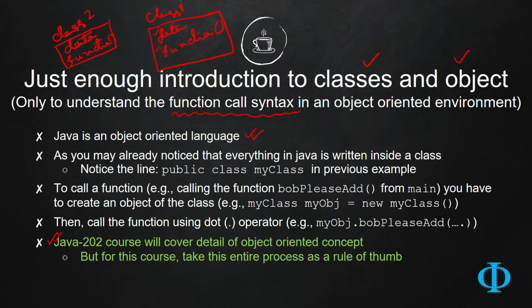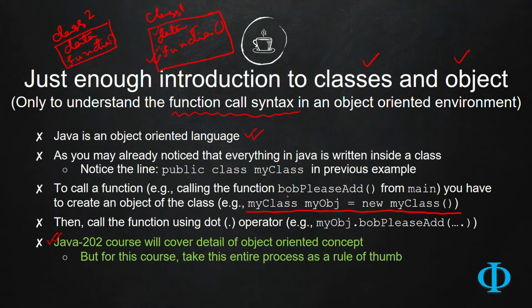Now, whenever you want to call a function written inside a class, you have to create an object of that class. So how to create an object? In order to create an object, you may use this syntax.